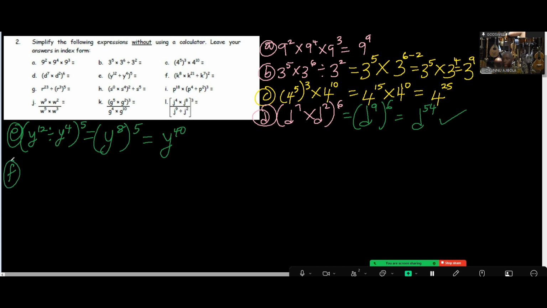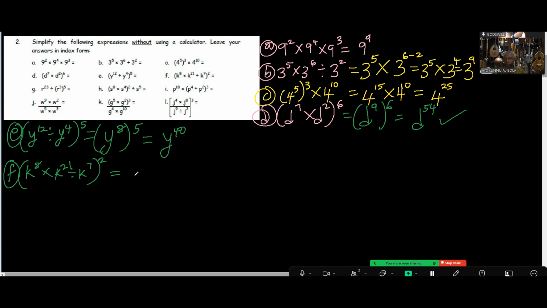Then option F. What do we have for option F? We have k raised to power 8 times k raised to power 21, then divided by k raised to power 7, and everything raised to power 2. So you can do the one that has a division first.